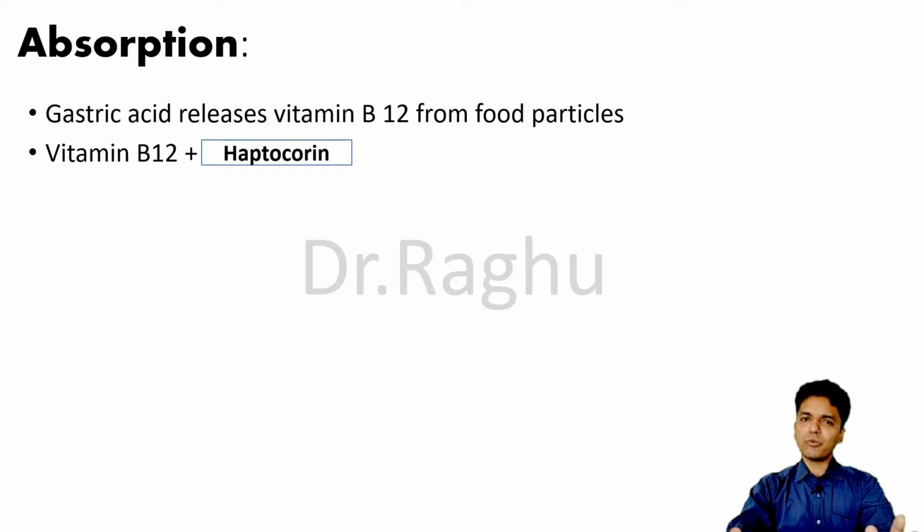Why do you think vitamin B12 has to bind with haptocorrin? Because vitamin B12, once extracted from the food particles, is prone to denaturation by the gastric acid. To prevent the denaturation of vitamin B12 in the stomach because of the gastric acid, vitamin B12 binds to haptocorrin, and haptocorrin is produced from the salivary glands.